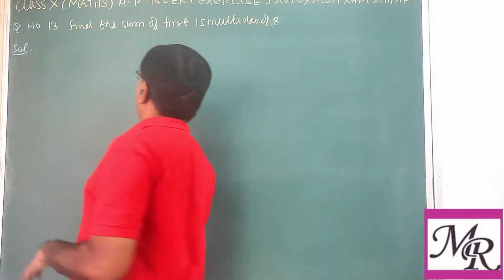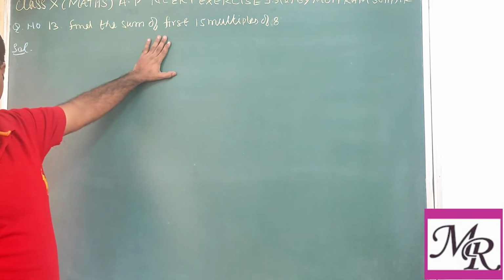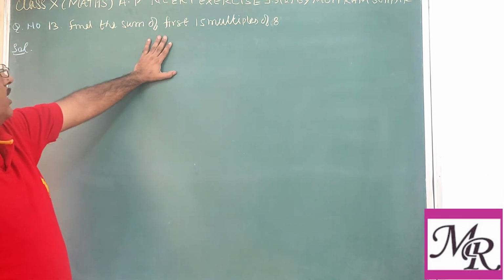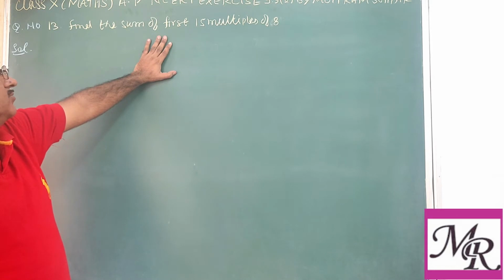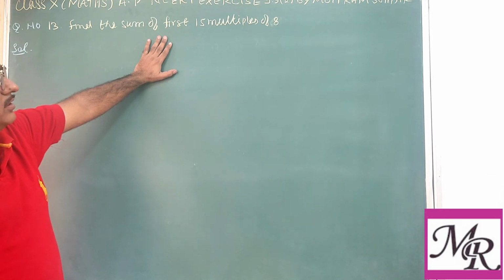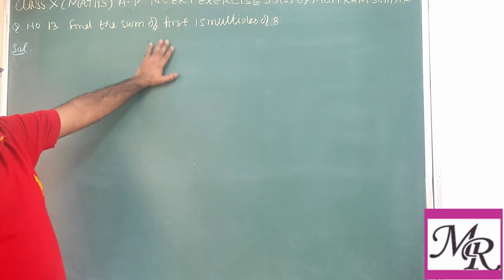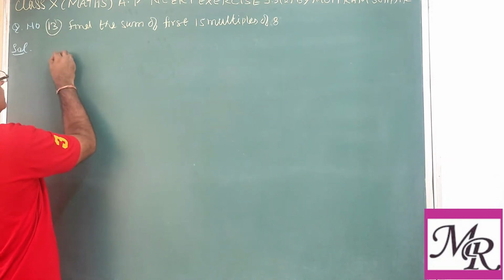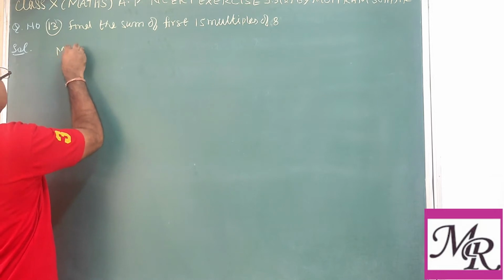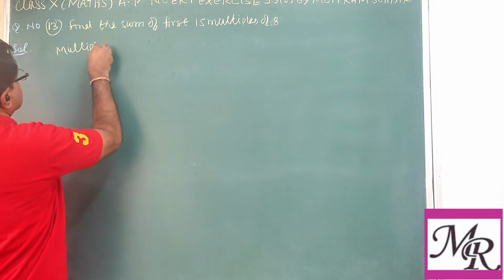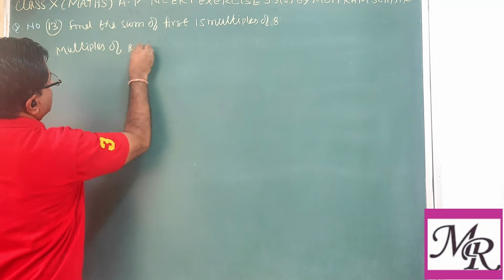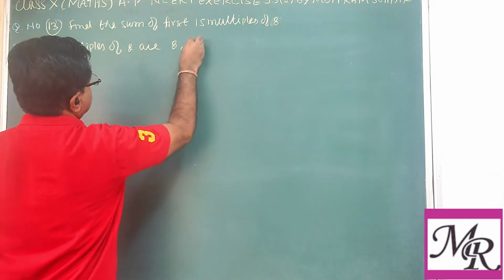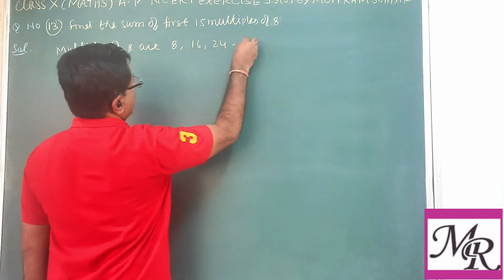Find the sum of the first 15 multiples of 8. So here we have to find the sum of the first 15 multiples of 8. The multiples of 8 are 8, 8 into 2, 8 into 3, like this. So multiples of 8 are first 8, then 16, 24 and so on.